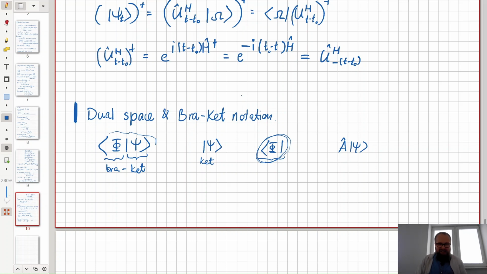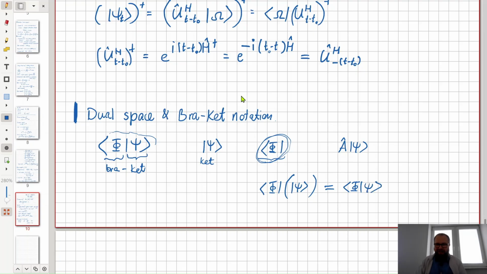So in other words, what they tried to achieve with this notation is to think that there is a bra, and it acts on a ket, and it gives you the result of the inner product. That's the idea.